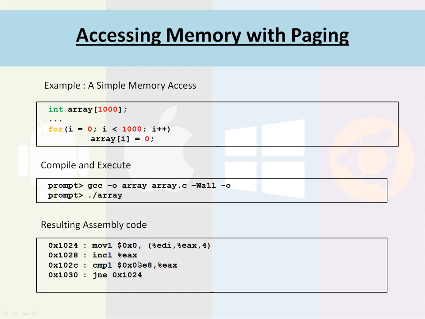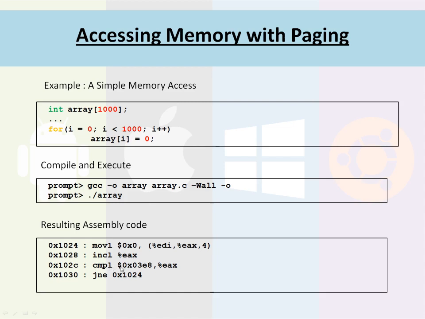Then the second instruction increments the array index held at EAX, remember, we stored it there, by 1. And then the third instruction compares the contents of that register to a hex value of 0x03E8, which is basically a value of 1000 in decimal. So here we're doing the check to see if our index is less than 1000 or not. This is the compare instruction.